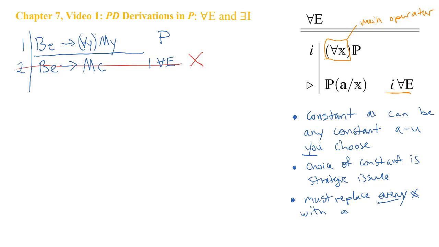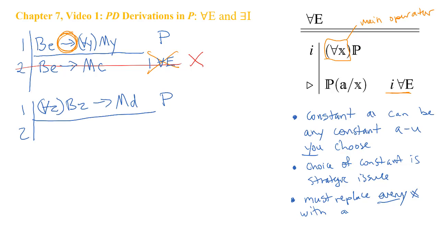Over here, the main operator is not the universal, but it's the conditional. So since that universal y is part of the consequent and not the main operator for the line, you cannot apply universal elimination there.